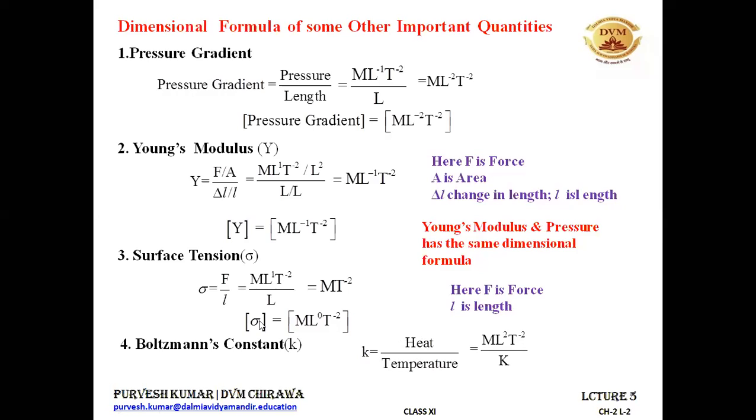And temperature has dimensional formula K, from Kelvin K. It does not have T. T is for time. When you solve this equation, this K will go into the numerator, and you are left with ML2 T minus 2 K minus 1. So this is the final expression for the Boltzmann constant dimensional formula, that is ML2 T minus 2 K minus 1.